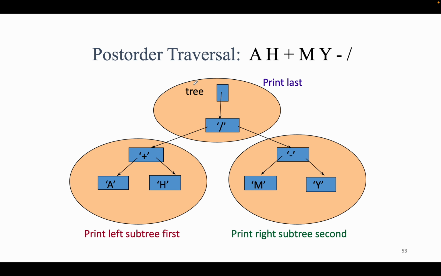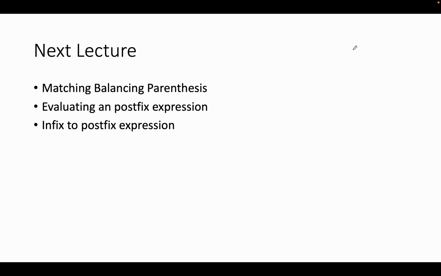Post order will be left, right, root. Left, right, root, left, right, root, and root. So a plus m minus, and the last one is the slash here. Okay, that's all for this one.